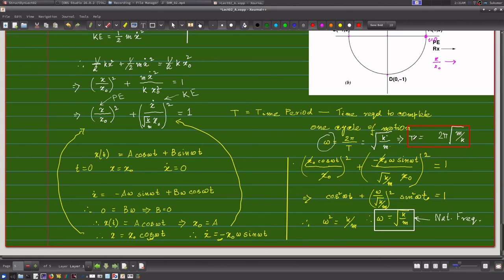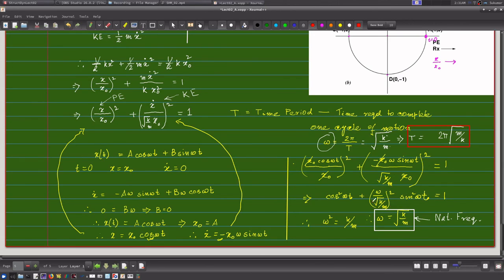So if I know time period, I can find frequency. If I know frequency, I can find time period. And for frequency, I need to know the stiffness and mass of the system. And that's why it is an inherent property of the system, and that's why we call it natural frequency.